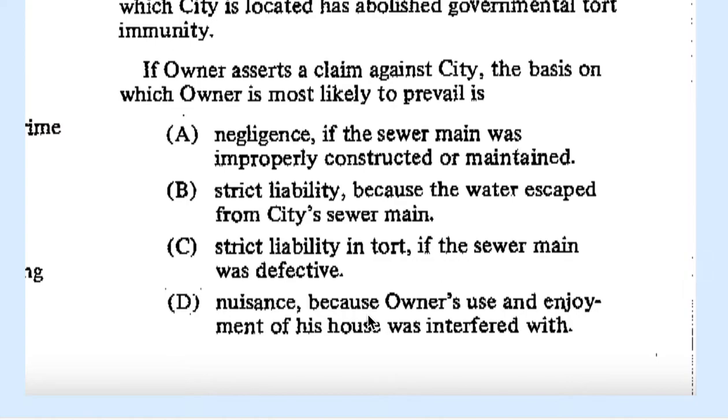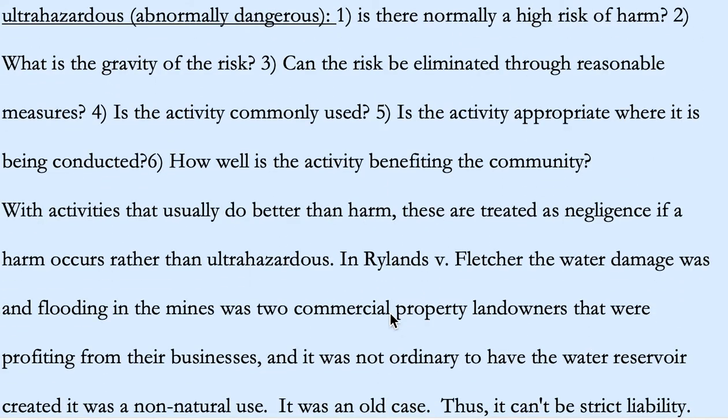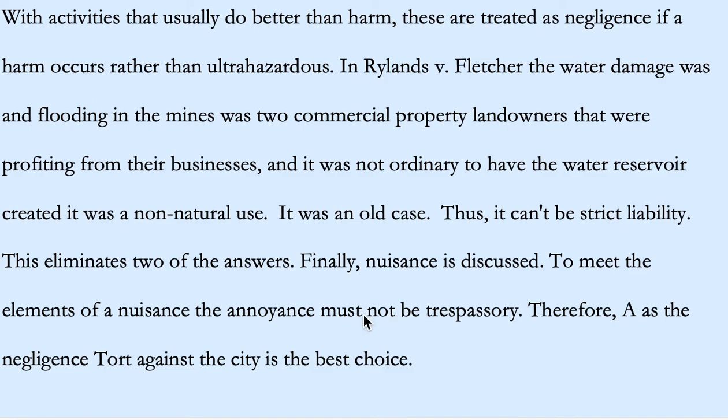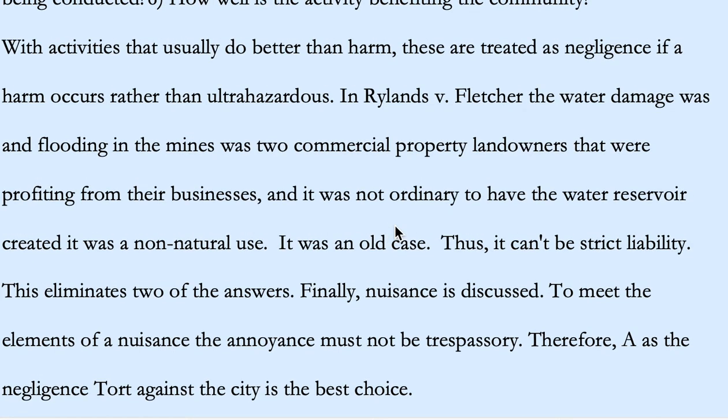So that was the best way that the owner would prevail. Thank you for listening. I could go on more about this, but I think basically in this case it's not strict liability because it's not really an ultra-hazardous activity, because it's a utility.